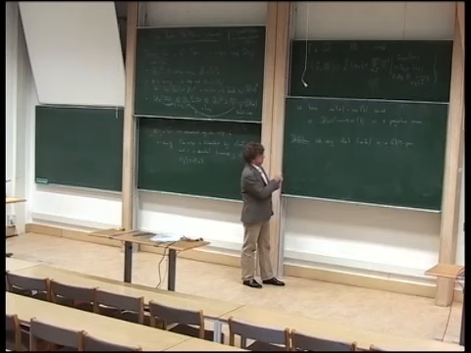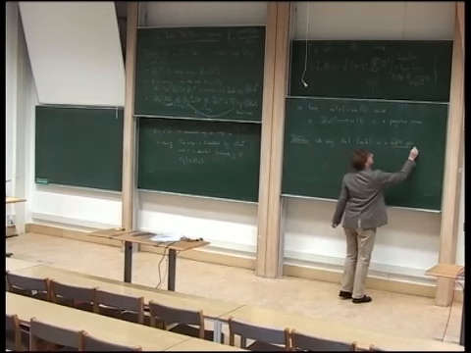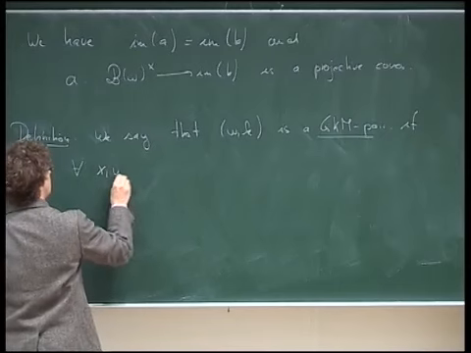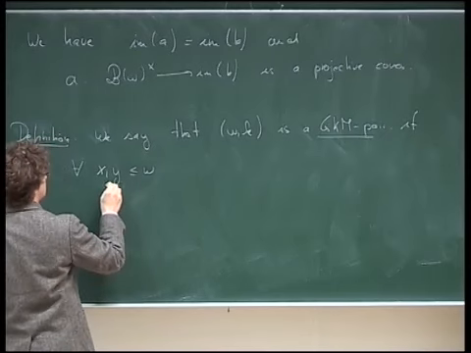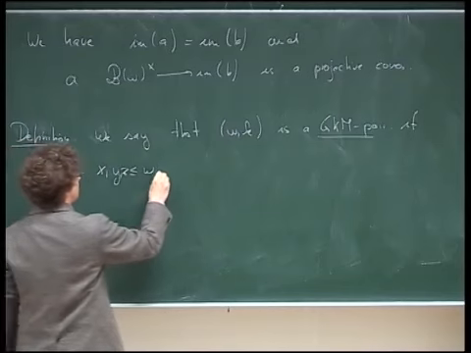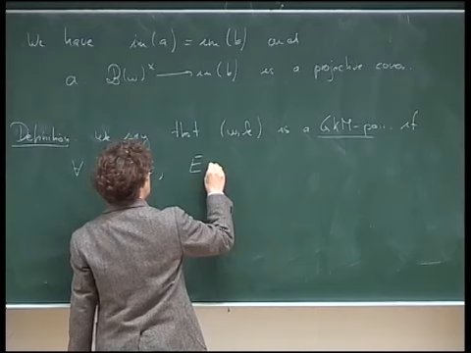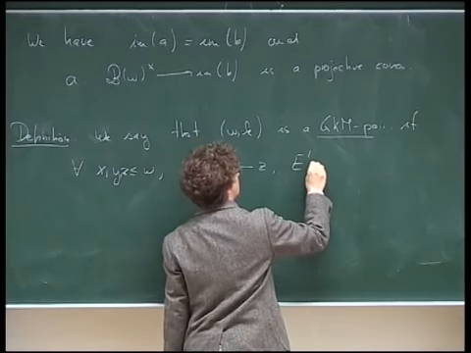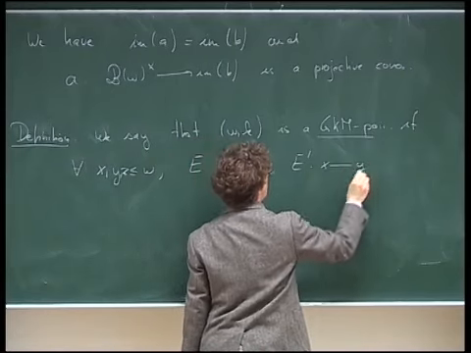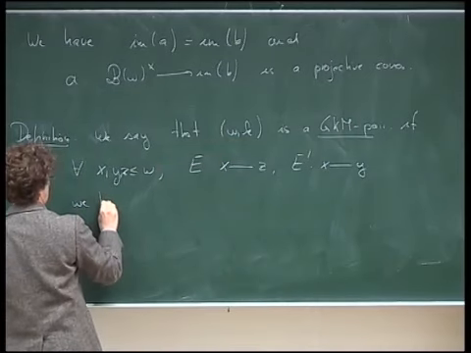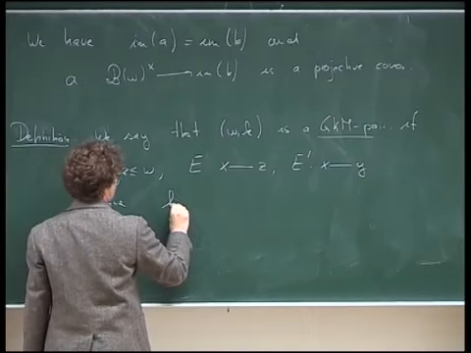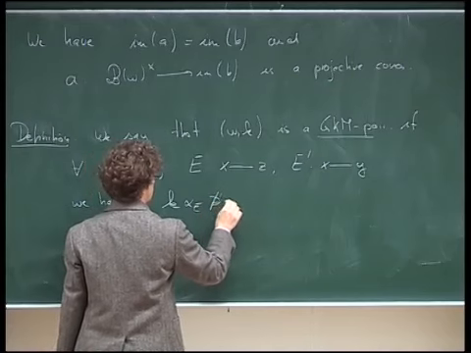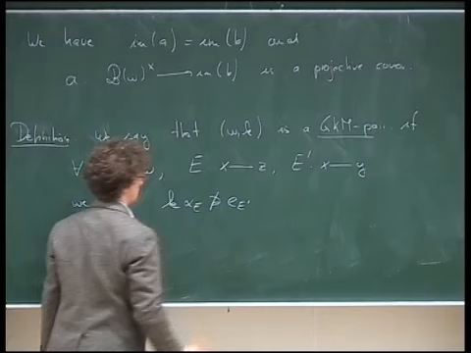We say that (W, k) is a GKM pair if for all x, y, z that are smaller than or equal to w, and any two edges E that connects x to z and E' that connects x to y, we have that k alpha_E does not contain alpha_E'.